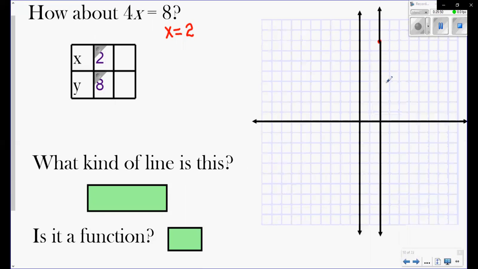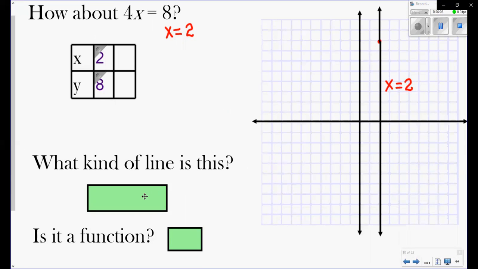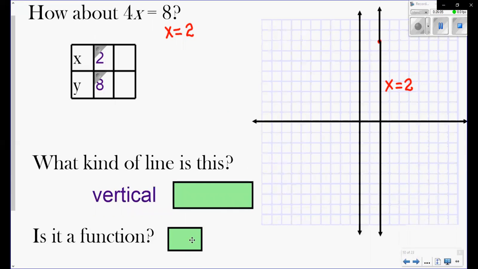Always label. So this one is x equals 2. They want to know what kind of line it is. As you can see, we know it's a vertical line. And is it a function? No. Vertical lines can't be functions. Anytime you see a vertical line, it's not a function.